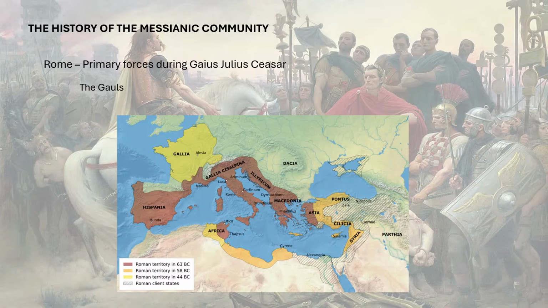And so over time, Caesar realizes that the only way he's going to be able to return to Rome is if he's successful in Gaul. So he puts a large amount of effort into establishing a huge army.